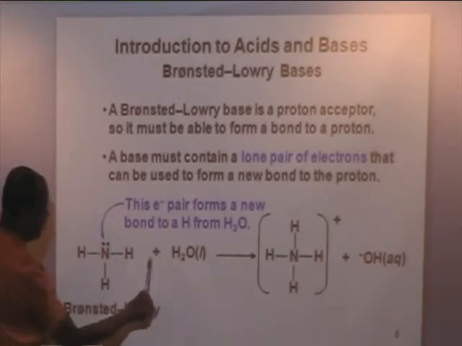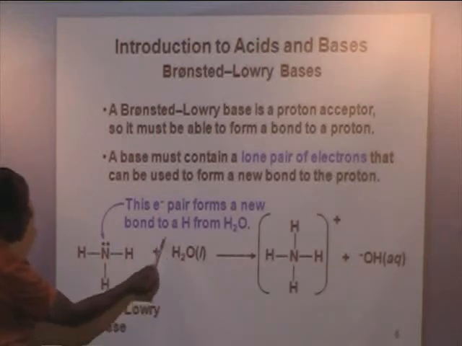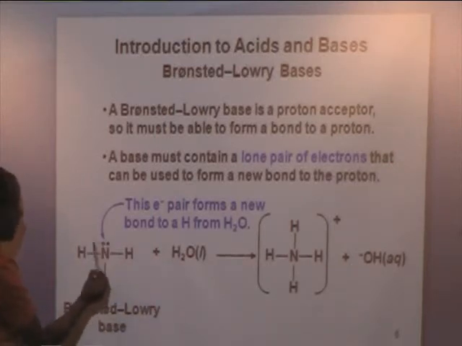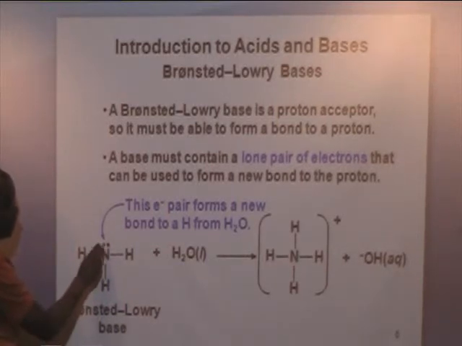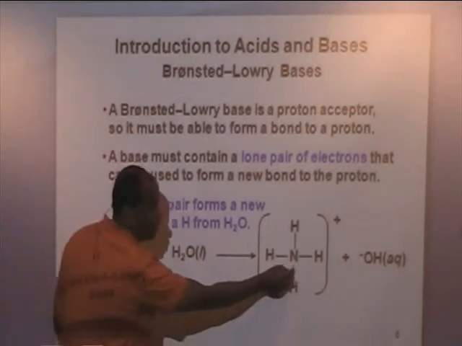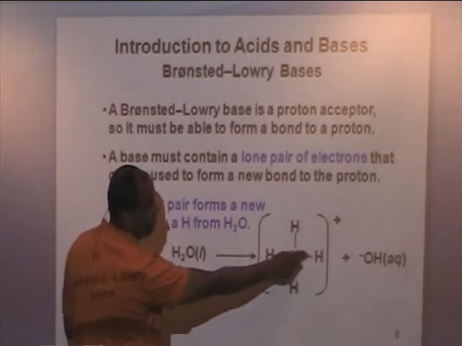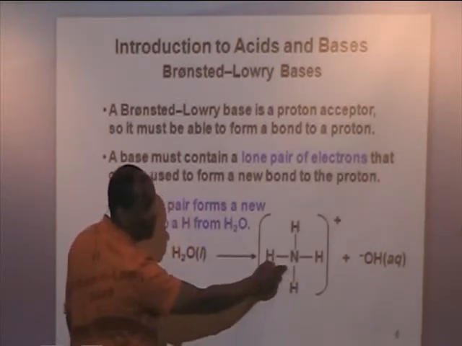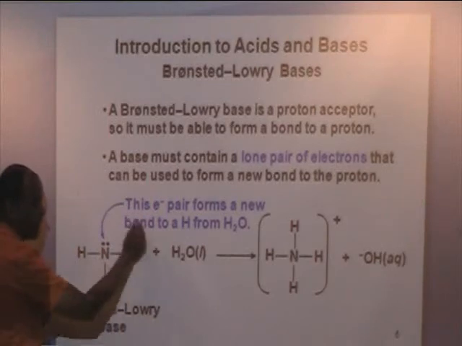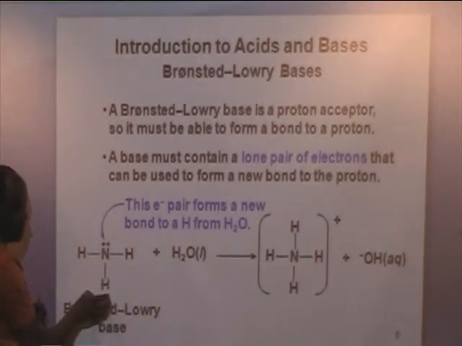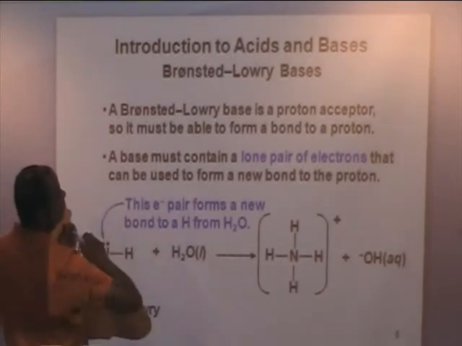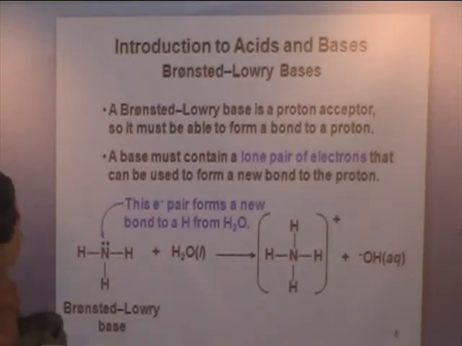Since it accepts one hydrogen ion, and because of this lone pair of electrons, it can form ammonium ion, NH4 plus. There is room to accept one hydrogen here. So this is a base, by the Bronsted-Lowry base definition.